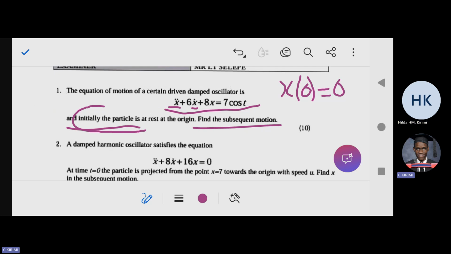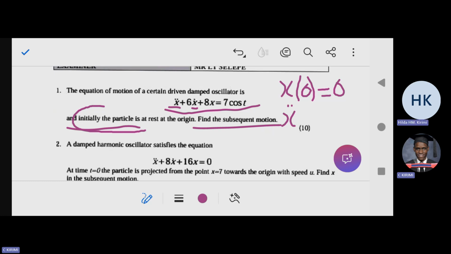It has not moved to any point, like starting at 5 or at 2. Here it's starting at 0. And also the velocity at that point, we have been told that the particle is at rest. So you know that x dot, which is the velocity at that point, when time is 0.